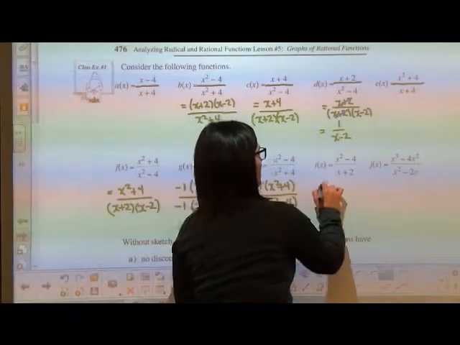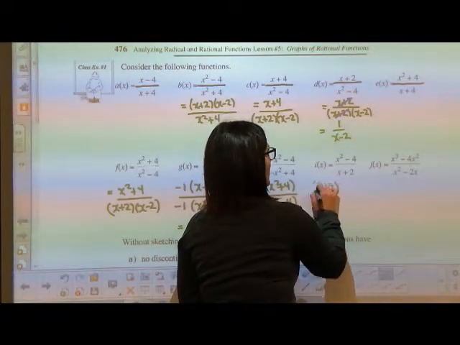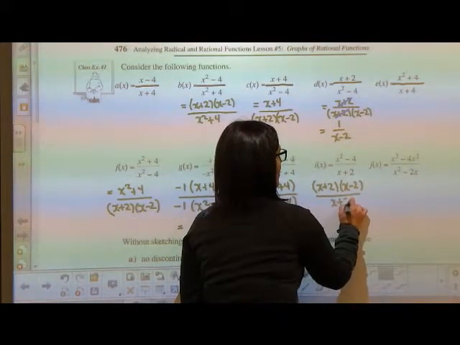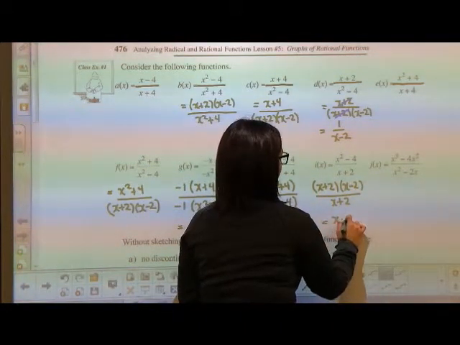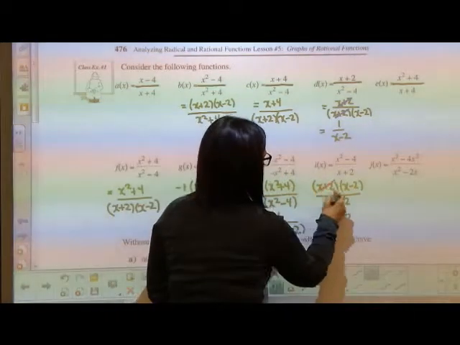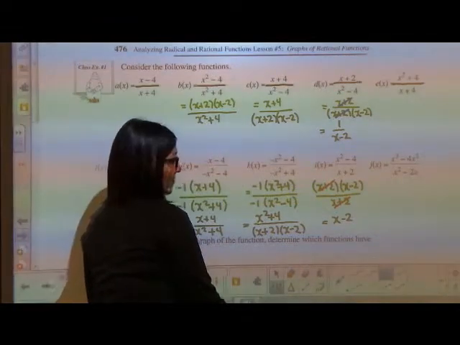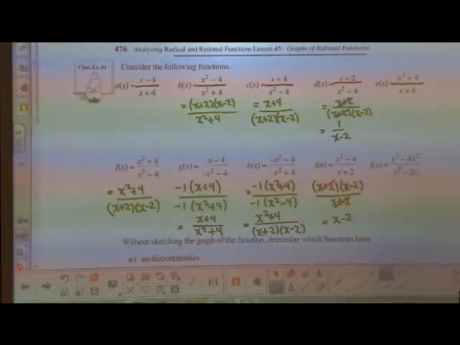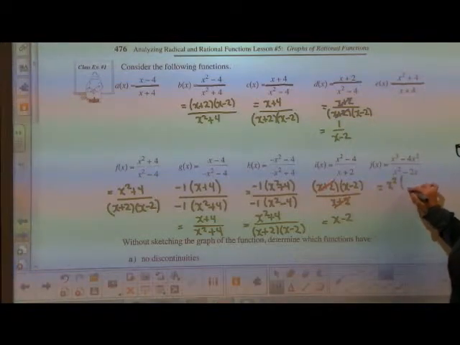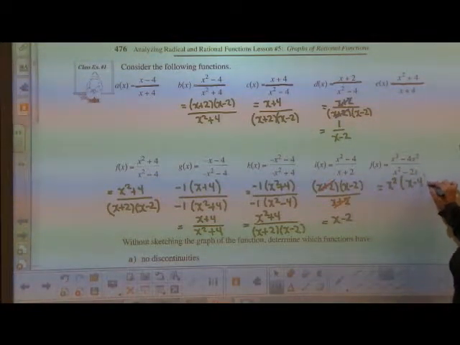With I, x plus 2 times x minus 2 over x plus 2, and I'm left with x minus 2 as a result, because again, I had common factors. And with the last one, I can factor out an x squared, and I'm left with x minus 4.